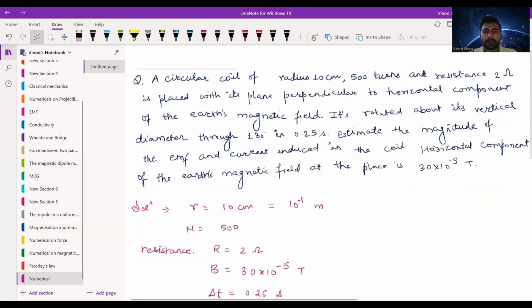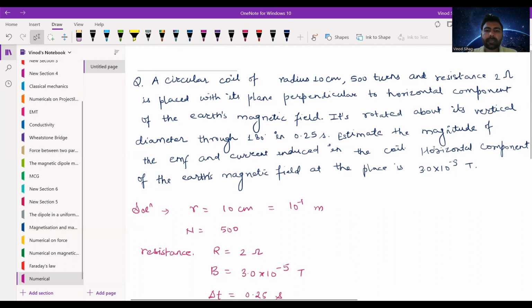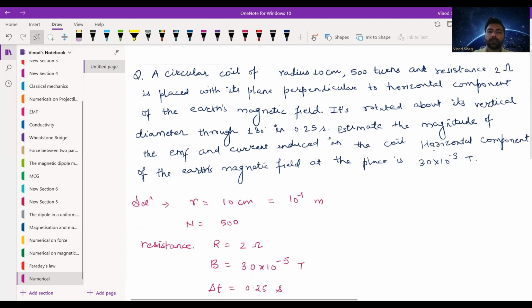What is theta here? According to the question, the circular coil was placed with its plane perpendicular to the horizontal component of the Earth's magnetic field. Perpendicular means this is the horizontal surface, and the circular coil is placed like that. So obviously the direction of the area vector of the circular coil will be towards this direction. So the horizontal direction of the magnetic field and the area vector are in the same direction.